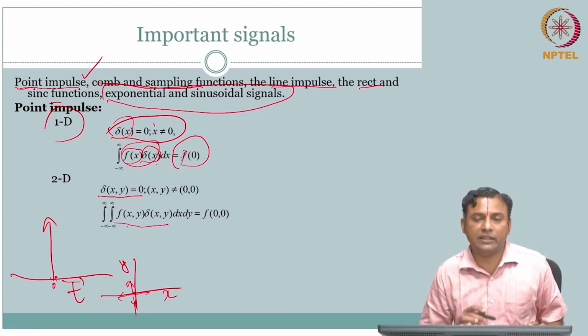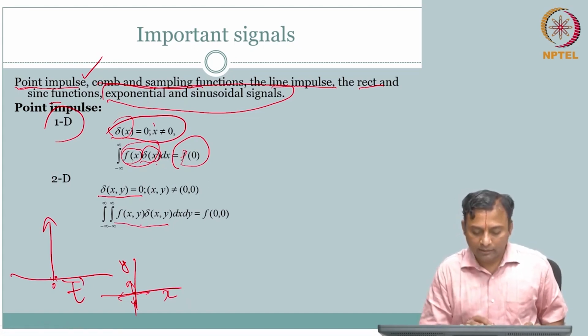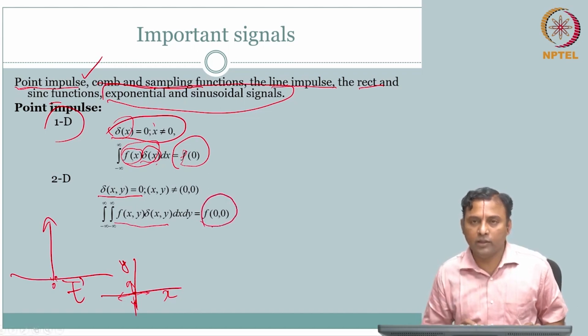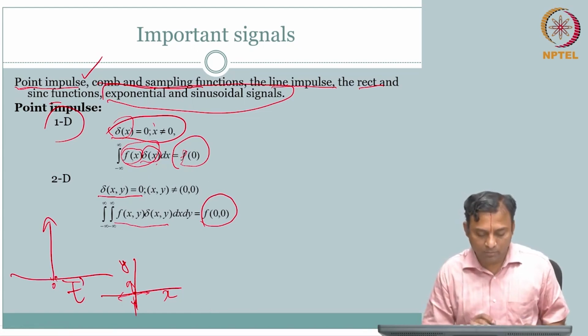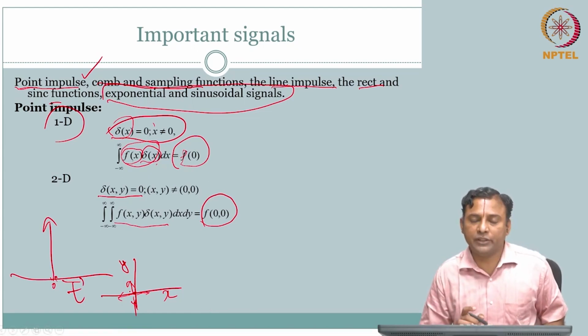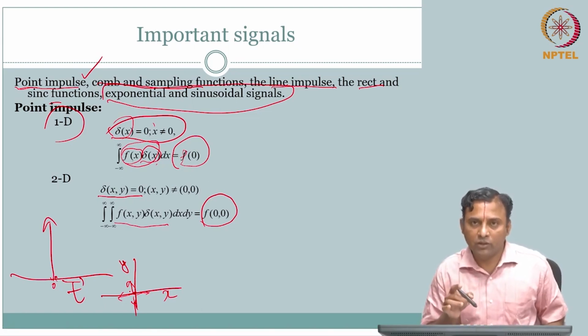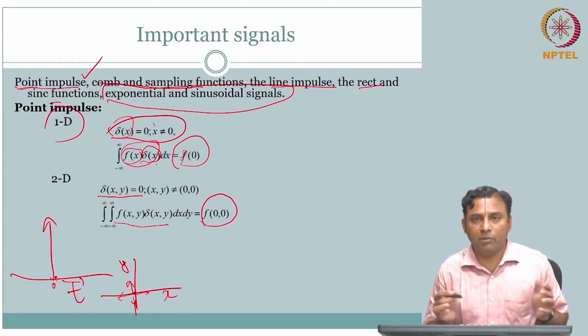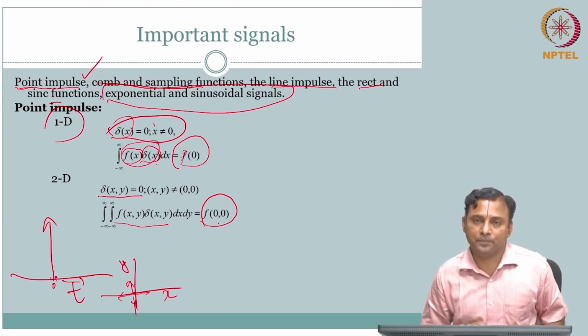Instead of f of x, here it is f of x comma y, and you will notice quickly this can be used to pull out the value of f of x comma y at 0, 0. Because the point impulse is defined at 0, 0, any function f of x comma y, its value at 0, 0 can be pulled out.